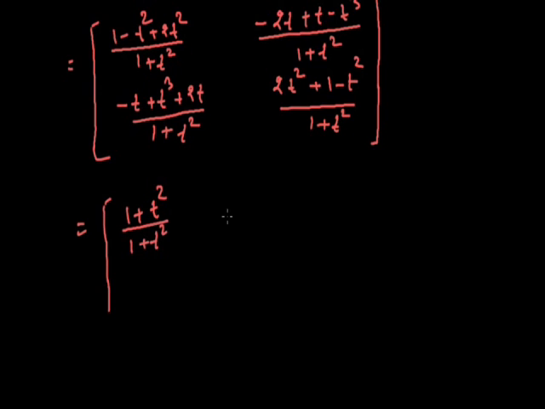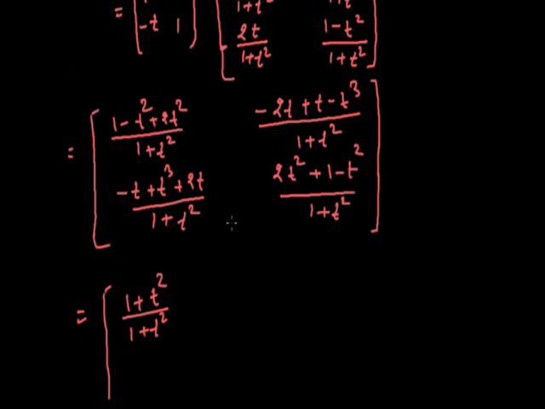Now here minus 2t plus t minus t cube, minus 2t cube, 1 plus t square. If I take the common, the minus 2t plus t is minus t. If I take the common minus t, then it is 1 plus t square upon 1 plus t square.